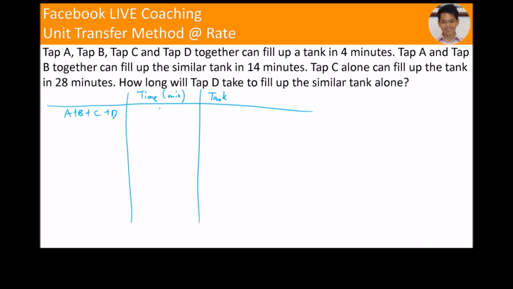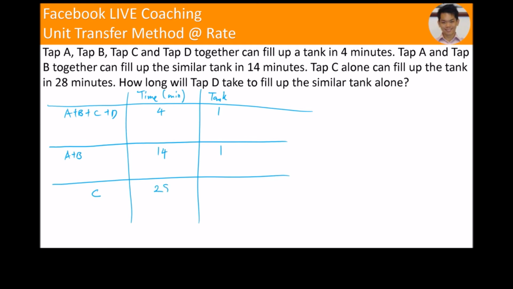Alright, so in 4 minutes they fill up one tank. Tap A and tap B together can fill up the similar tank in 14 minutes. And tap C alone can fill up the tank in 28 minutes.